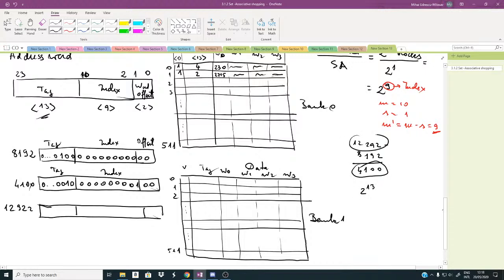So this guy is 2 to the power 13 plus 2 to the power 12 plus 4. So it's 0, 0, and so on, 1, 1, 0, right? 0, 0, 0, 0, 0, 0, 0, 0, 1, and David Buzet has said it's 12,922, not 12,292.